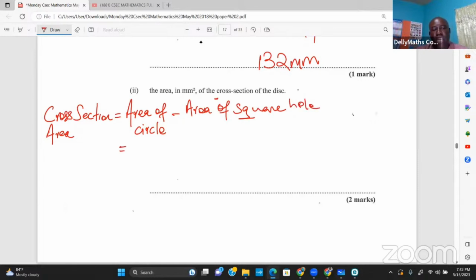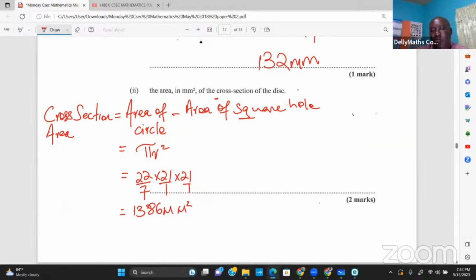So area of the circle, pi r squared. Let's work that out: 22/7 times 21 times 21. That's the area of the circle. And I'm getting here 1386 mm squared.